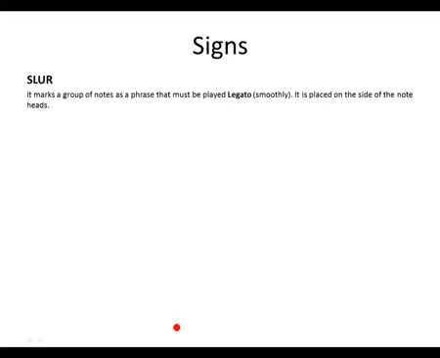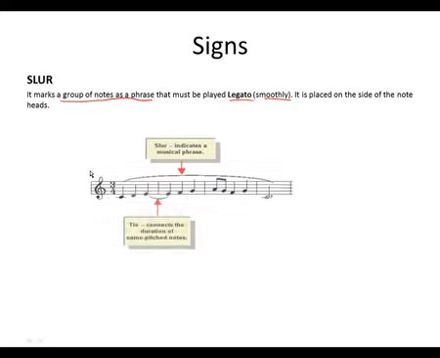Signs. Let's take a look at what a slur is. A slur marks a group of notes as a phrase that must be played legato, which means smoothly. It is placed on the side of the note heads. This is how a slur looks.